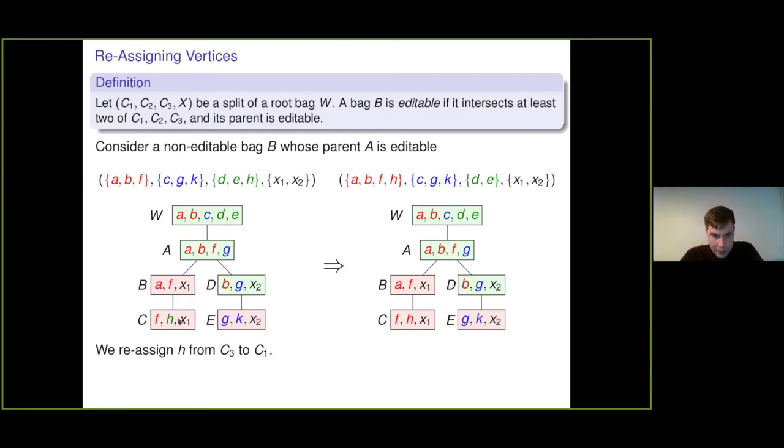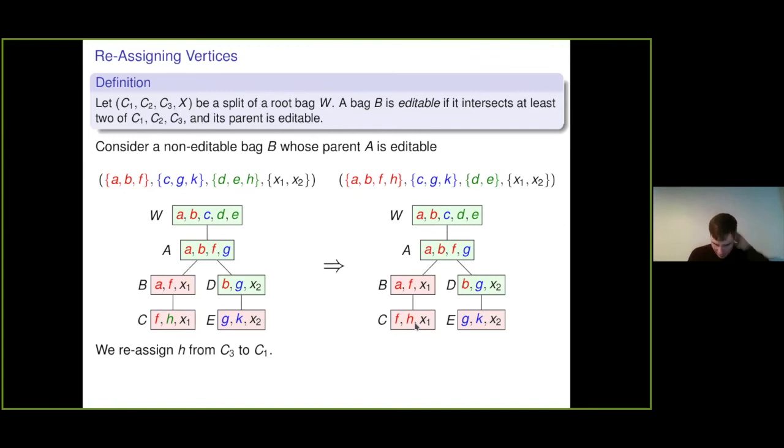Now in this subtree below this bag B, this bag intersects only the component C1. But if in this subtree we have some bag that also intersects component C3, what we do is we also assign these vertices to C1. In particular, here we assign H from C3 to C1 in the split.